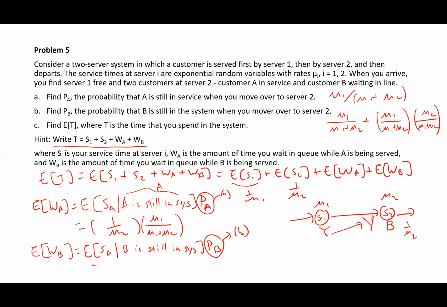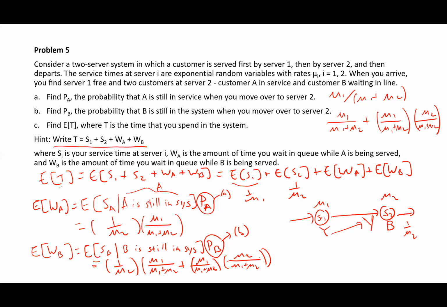So this simply becomes 1 over mu2 times what we found in part 2, which is mu1 over mu1 plus mu2, plus mu1 plus mu2 multiplied by mu2 over mu1 plus mu2, the whole quantity multiplied, right?